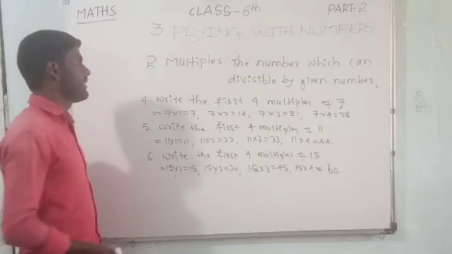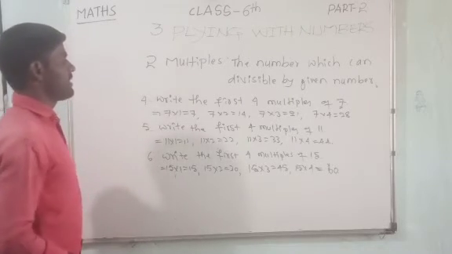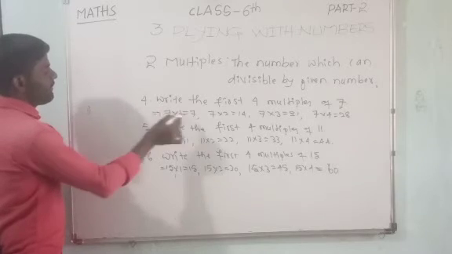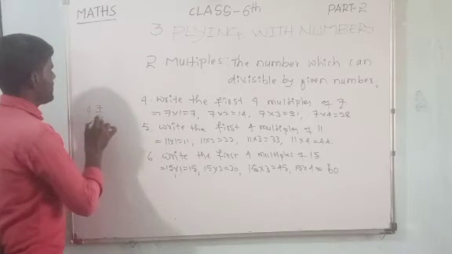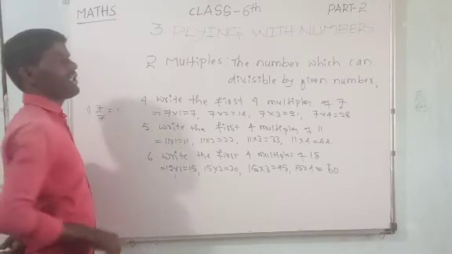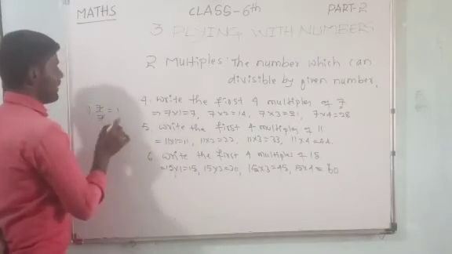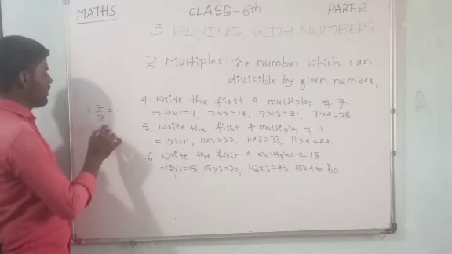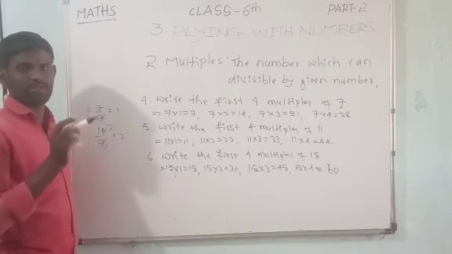Let us see. For the first case, I will take 7. 7 divided by 7: 7 and 7 cancel completely, remainder 0, quotient is 1. Then 14 divided by 7: 7 ones are 7, 7 twos are 14, they cancel. 14 is also divisible by 7.